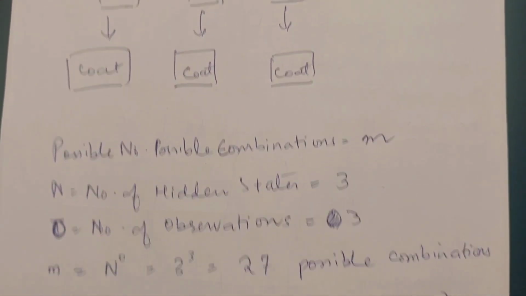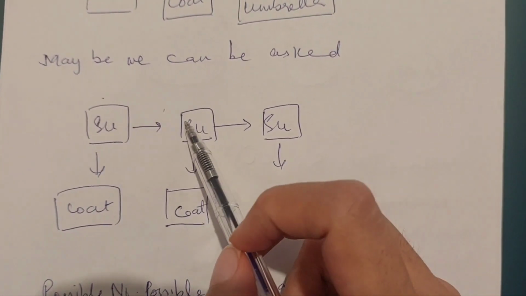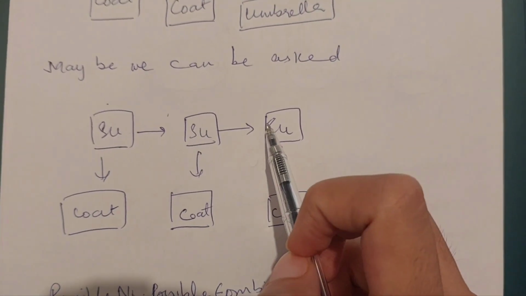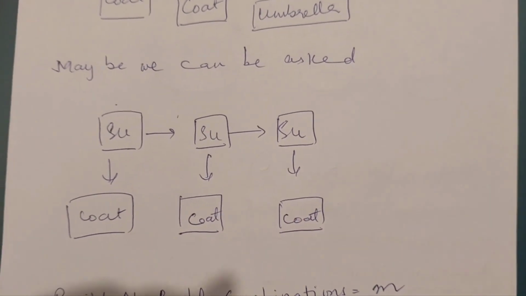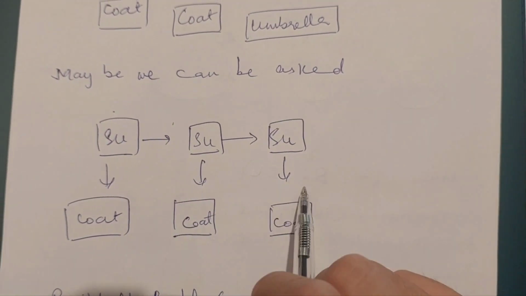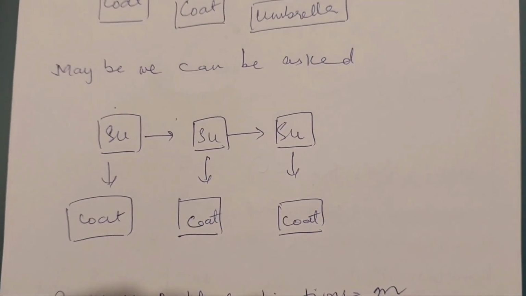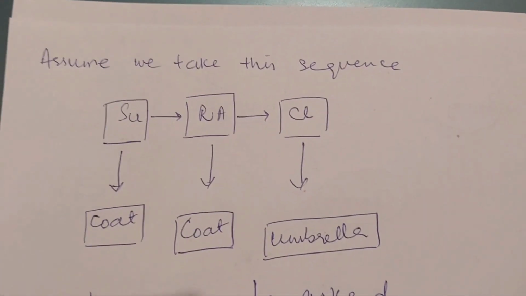By combinations, I mean that there can be a combination where the day is sunny, then again the day is sunny, and then again the day is sunny, and the person is wearing a coat, a coat, and a coat. So this can be a sequence of joining the hidden states with the observations. Similarly, there can be another sequence.